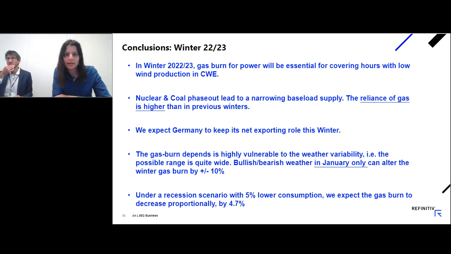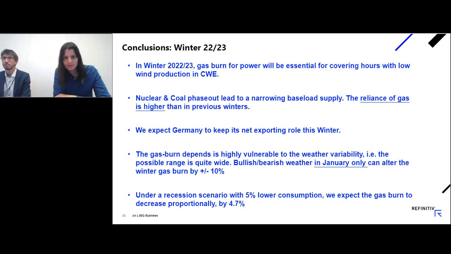Then we learned that the gas burn is very strongly vulnerable to the weather outcome that we have, and that if we have deviations from the normal, just within the month, the gas demand forecast can vary by 10% very quickly, but possibly even more.